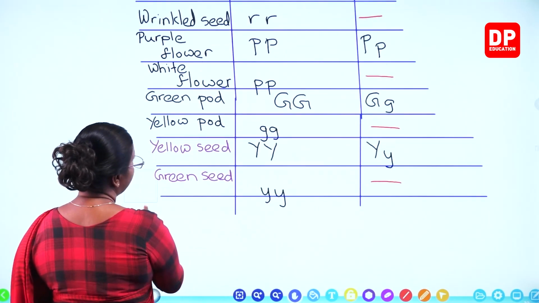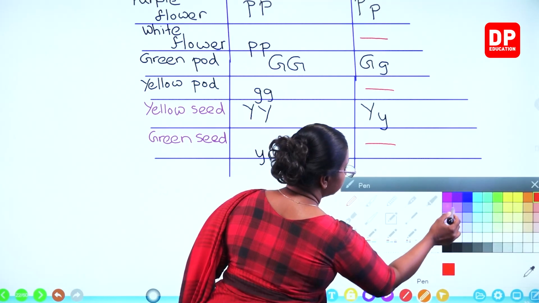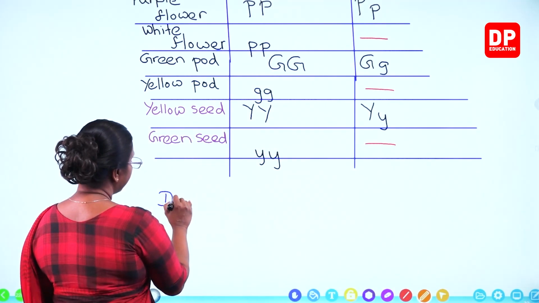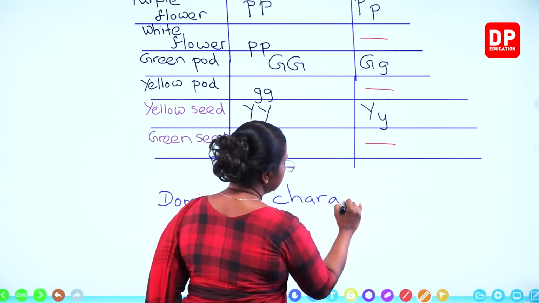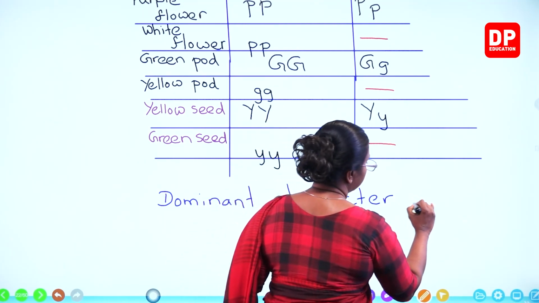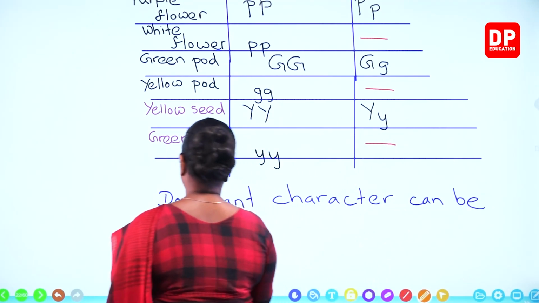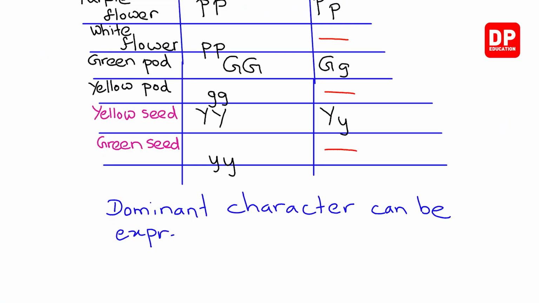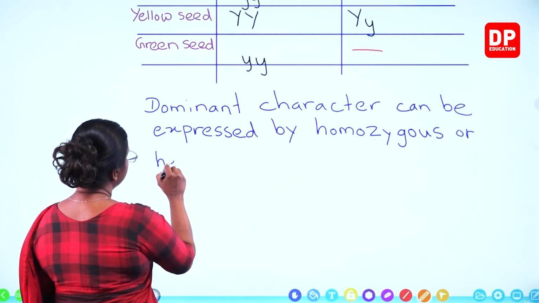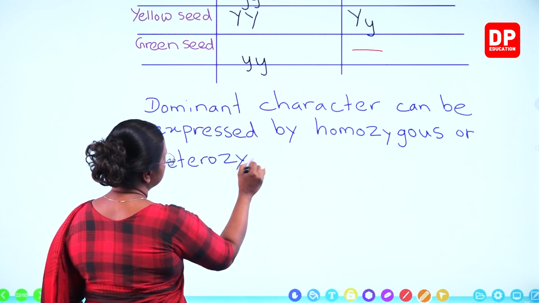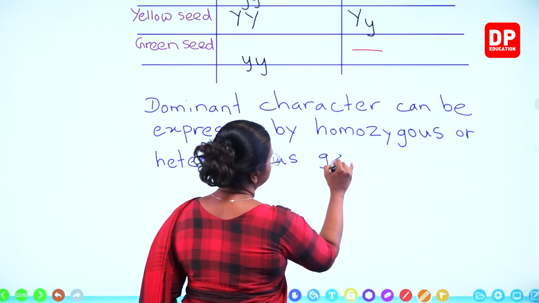So here, if we write that as a note: dominant character can be expressed by homozygous or heterozygous genes.